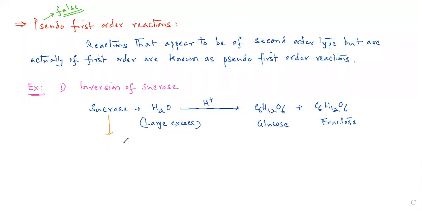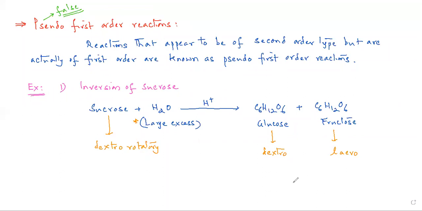Sucrose is hydrolyzed in the presence of acid catalyst. Sucrose is, of course, dextrorotatory. It is hydrolyzed, taking large excess of water. Look at this, large excess thing. Upon hydrolysis, you get glucose, which is again of dextro type, and fructose, which is of levorotatory type.